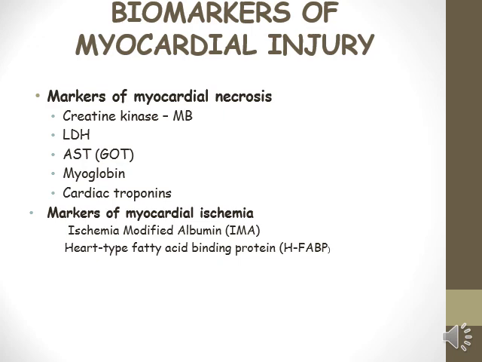Biomarkers of myocardial injury include CK, and the most important isoenzyme is MB, which is specific for acute myocardial infarction, lactic dehydrogenase, aspartate transaminase, GOT, serum glutamic oxaloacetic transaminase, myoglobin, and cardiac troponin.